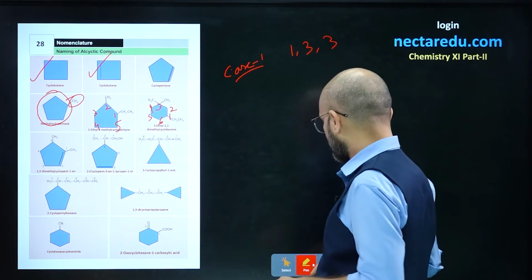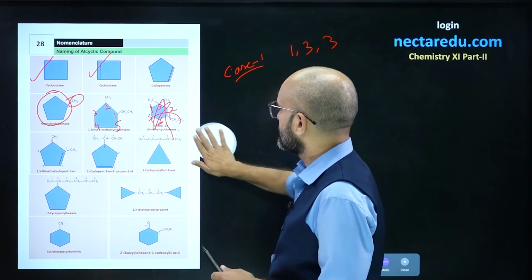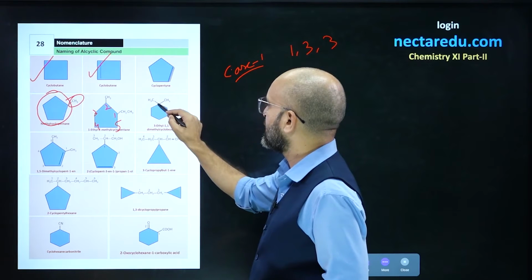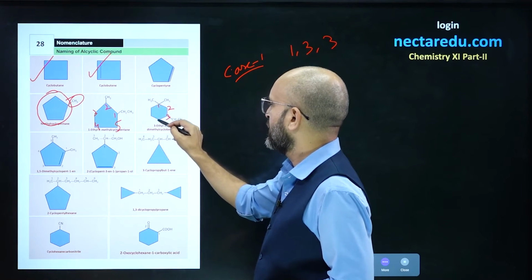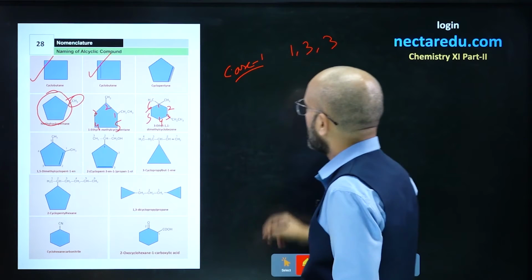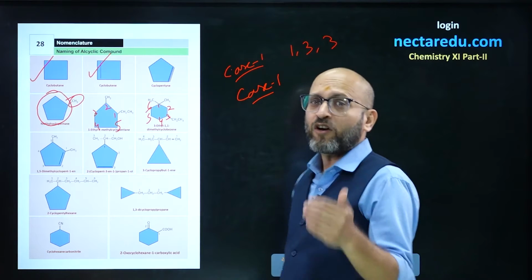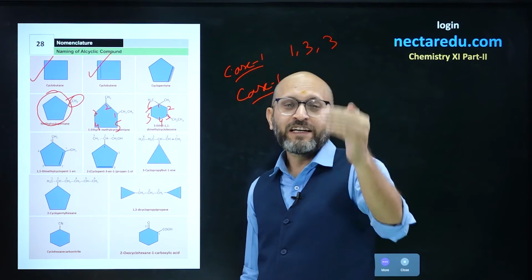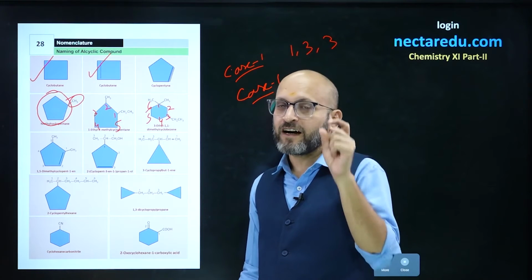And in case 2, if I start numbering from the carbon containing methyl, 1, 2, 3, 4, 5, 6. In case 2, the positions, also called locants. While numbering, we have to remember that we keep the locants low. The lowest locant rule is applied.